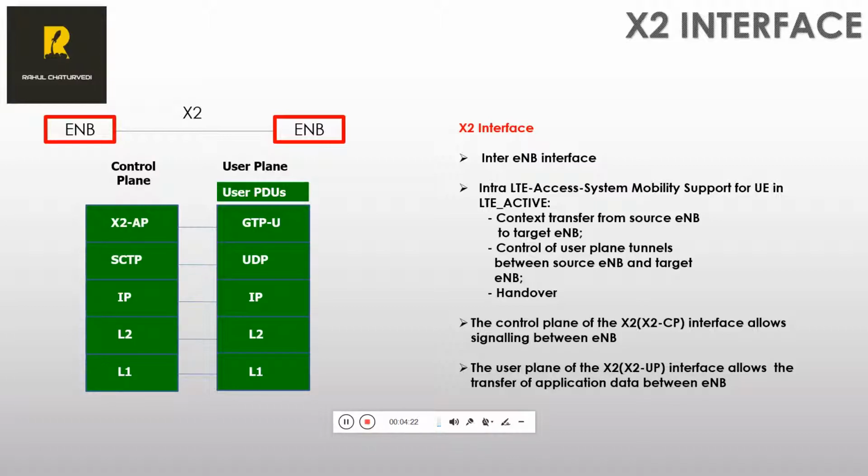The control plane of the X2CP interface allows the signaling between eNodeBs. The user plane X2UP interface allows the transfer of application data between the eNodeBs. On the left hand side, it shows the control plane and user plane between the two eNodeBs having the X2 interface.